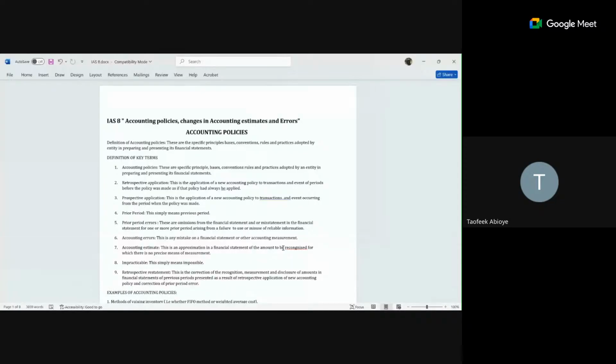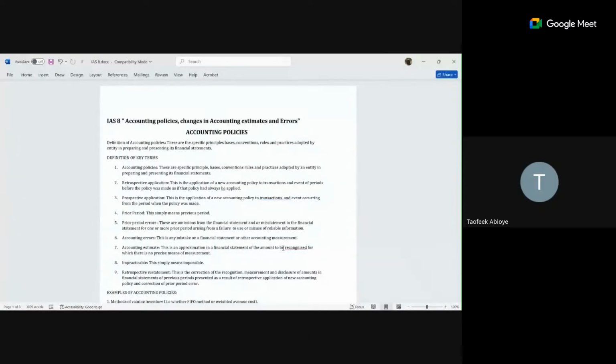Accounting policy comprises the specific principles, bases, conventions, rules, and practices adopted by an entity in preparing and presenting its financial statements.